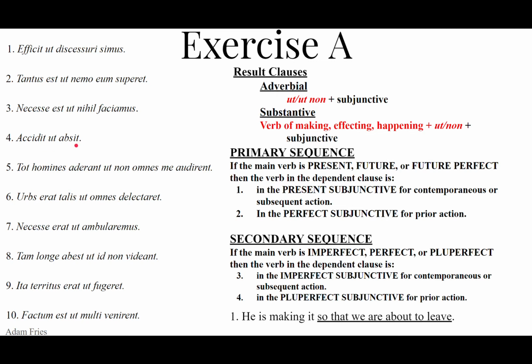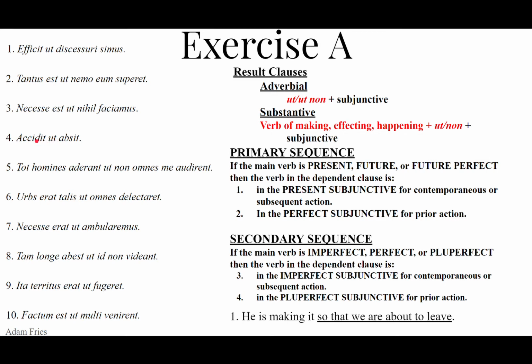It's ab and then sit from absum, so sit, present third person singular subjunctive active of absum. Then we're in primary sequence, and accidit is present. It happens. It just so happens that, with the result that, he's absent. He is not here. He is away. Absum, ab, away, absent.